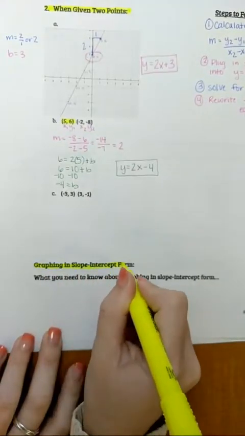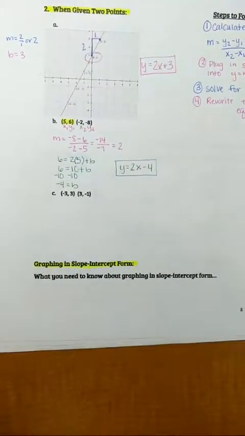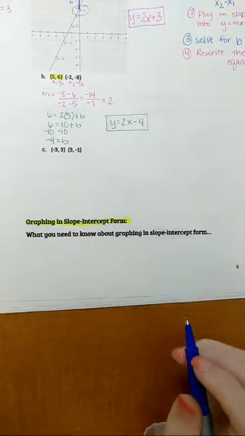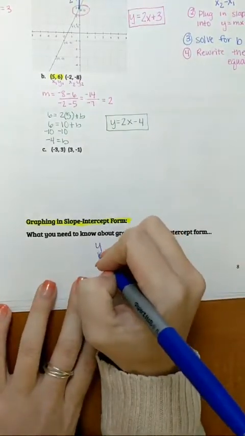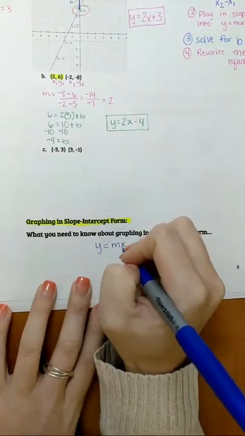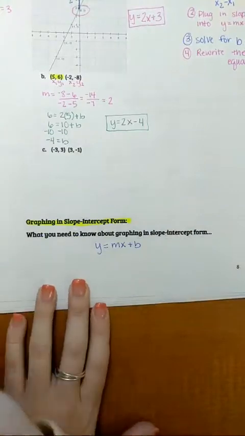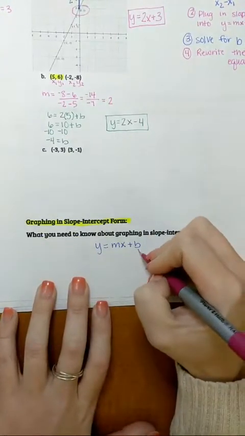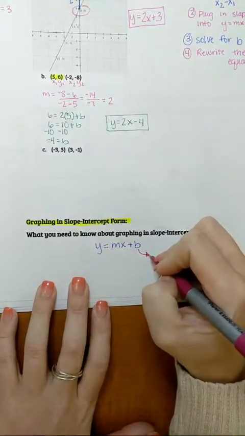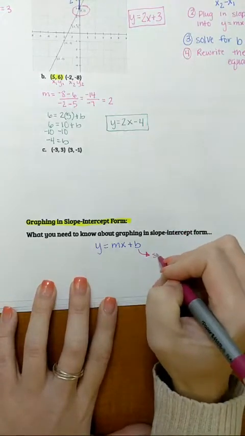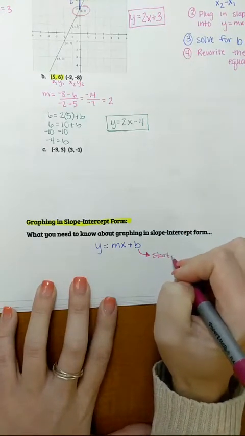Then graphing in slope-intercept form. Okay, so what we need to know before we do that. So first, again, that equation y equals mx plus b. So your b is where you are going to start.